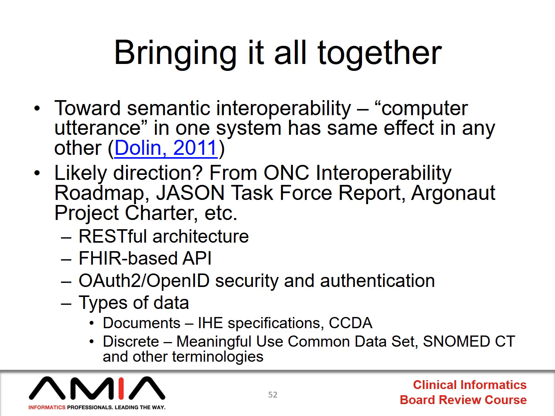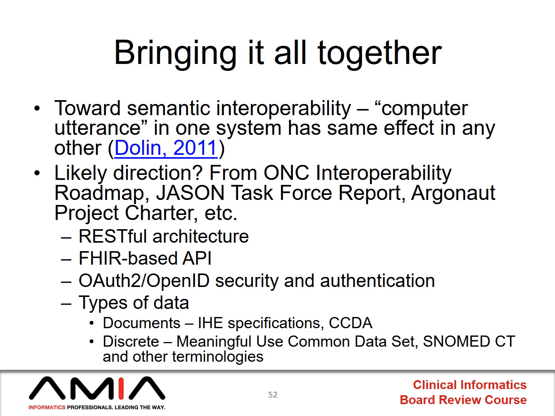We will have communications using RESTful architecture over the internet. It's likely that FHIR will emerge as the standard way to structure data, and we'll have APIs that move FHIR data back and forth between different applications, whether they're running on servers or on our smartphones or computers or any other device.